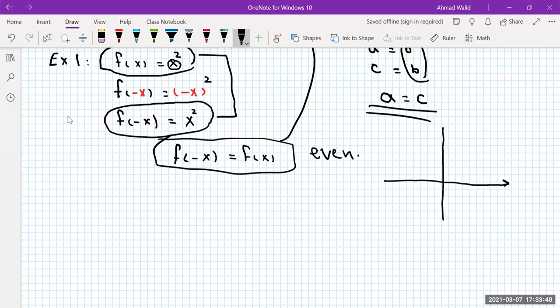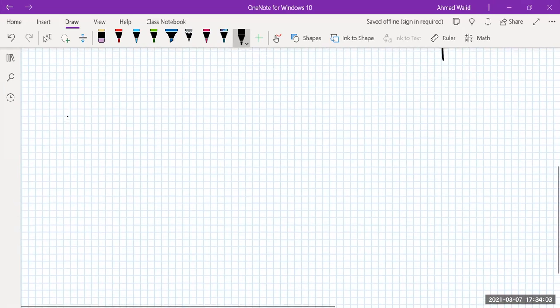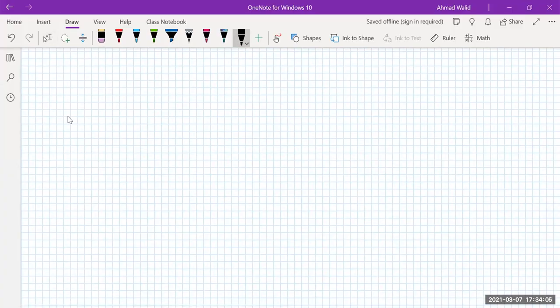For example, the graph of this function, everyone knows it's a parabola, right? It's like this. And parabolas are symmetric about what? About the y-axis. Correct? Now, another example for even. Let me discuss the odd, then we do a few more examples.